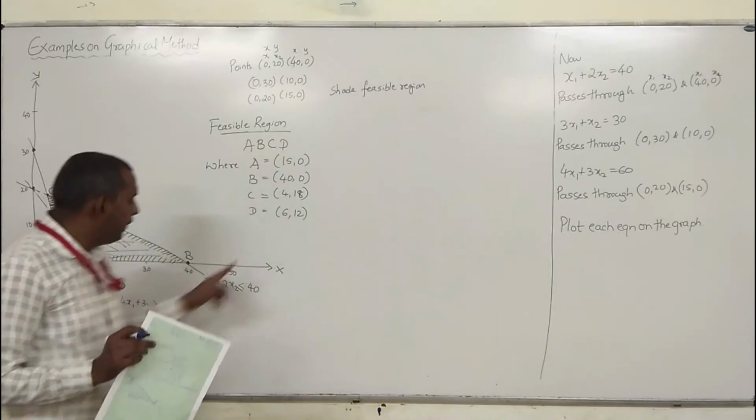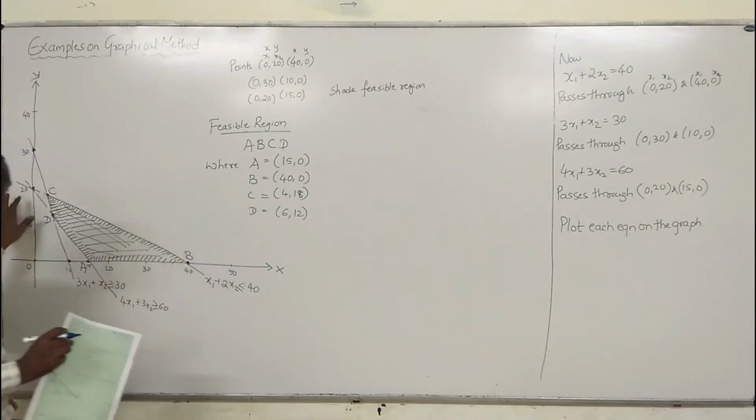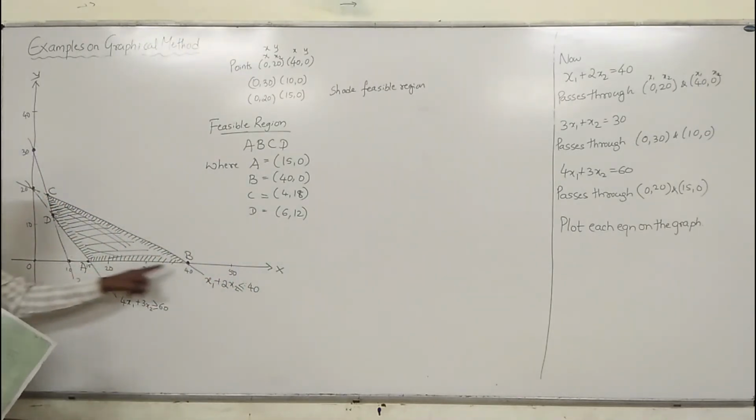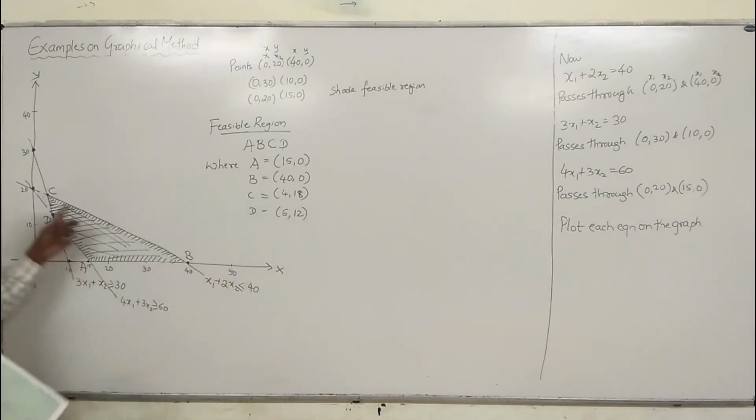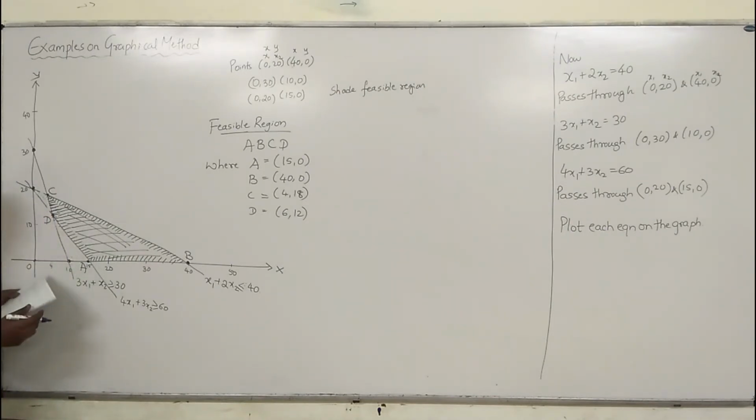So 15, 0 is absolutely fine. B, 40, 0, we understood. But how does 4, 18 come in C? This is 4 here, and this comes around 18.